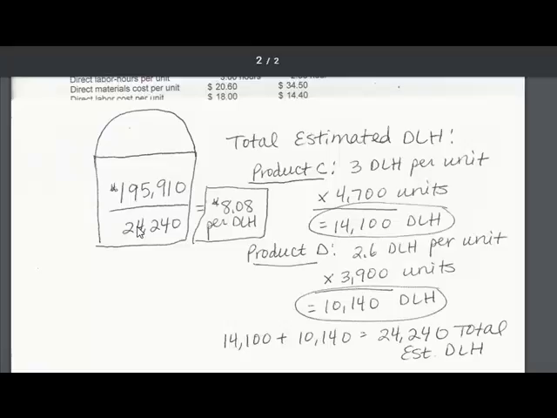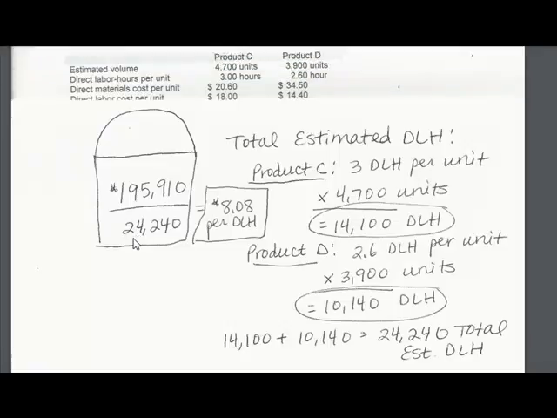So I put that number into the denominator. That's my allocation base. And when I divide, I get my POHR of $8.08, which means I'm going to allocate $8.08 in overhead for every direct labor hour worked.